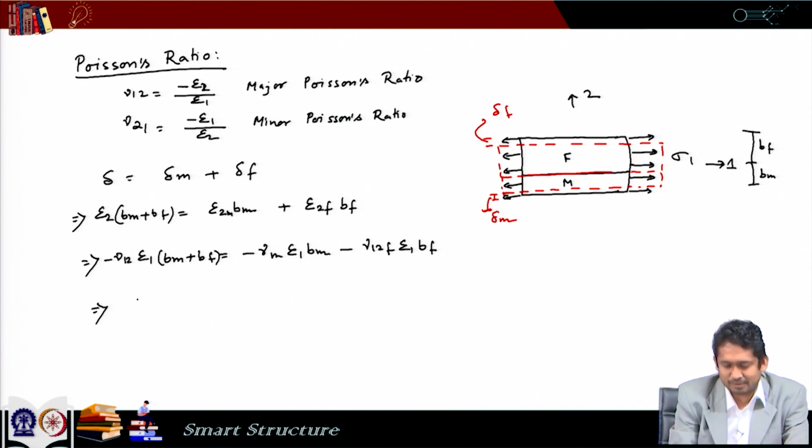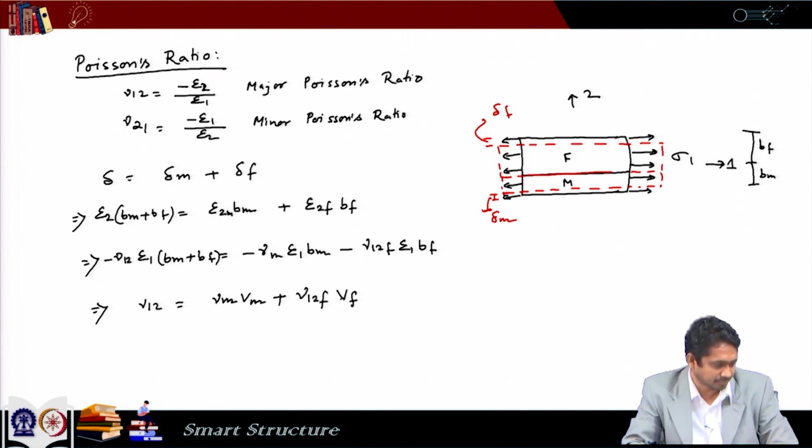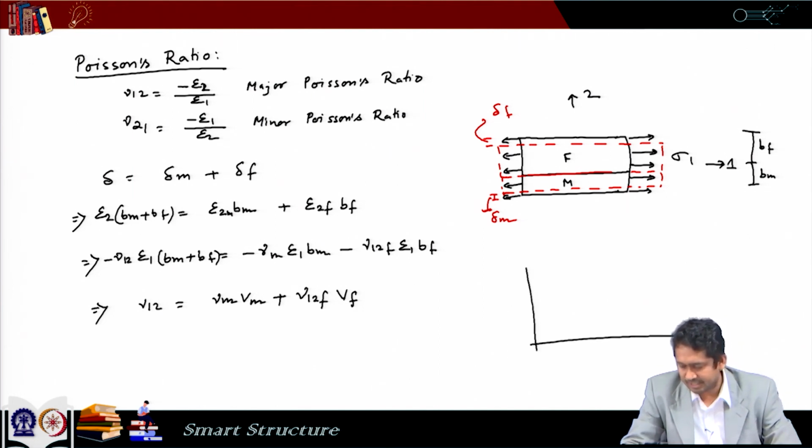So, if we cancel epsilon 1 and bring Bm plus Bf into the denominator on the right hand side, we can write nu 12 is equal to nu m multiplied by Vm plus nu 12 f multiplied by Vf. And if we look at the variation of nu 12 with Vf, it gives a linear variation, as the equation says.